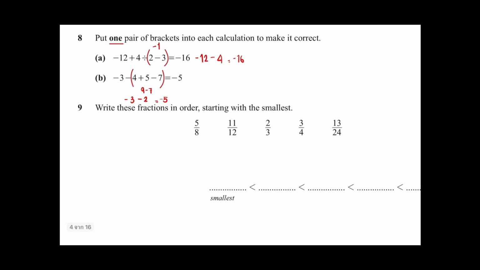Write these fractions in order starting with the smallest. Since the denominators are not equal, I will make them equal to 24. So this one will be equal to 15/24 by multiplying by 3/3. The second will become 22/24 by multiplying by 2/2.